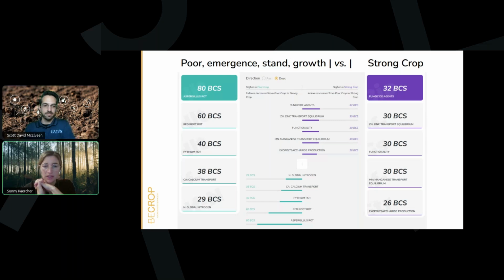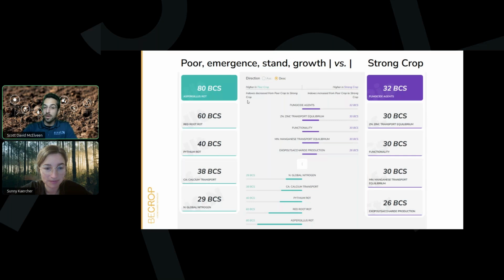Yeah, so on the left, we have the top three highest metrics, but in the delta between the two fields are all disease pressure. So really high disease in this green field on the left with the poor performing crop. And then on the right, looks like we have fungicide agents, zinc transport equilibrium, so zinc cycling, and then overall microbial functionality are the top three. So looks like things are in order over in the purple field.